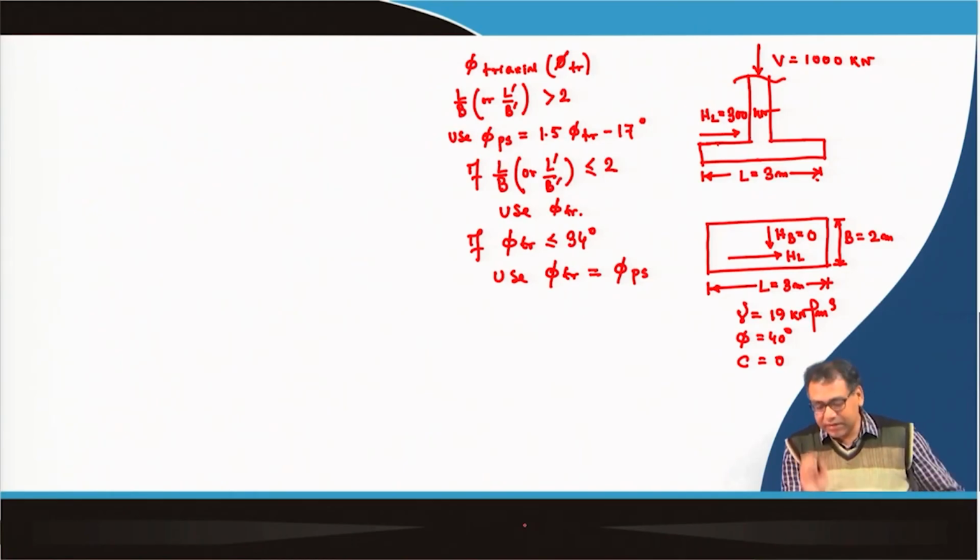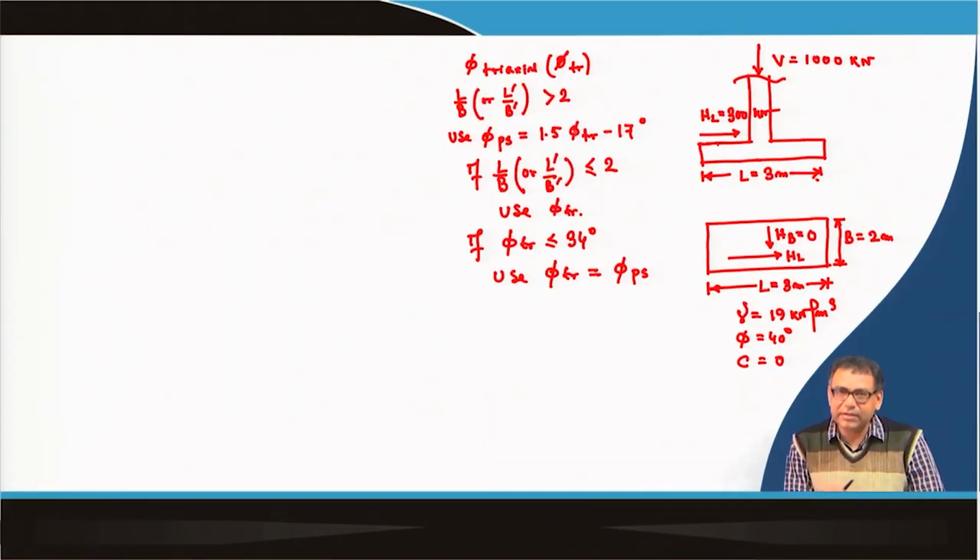So, that means if it is greater than 34 degree and if length is 2 times more than the width, then you can convert the phi triaxial with this equation. If it is less than or equal to 34 degree, then whatever the case, use that 34 degree.